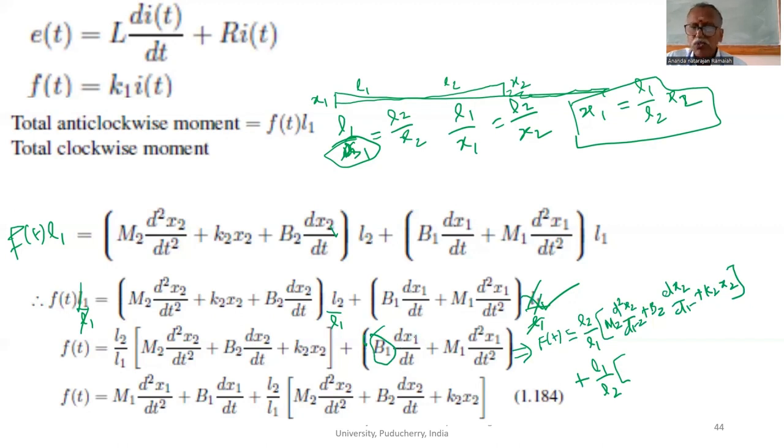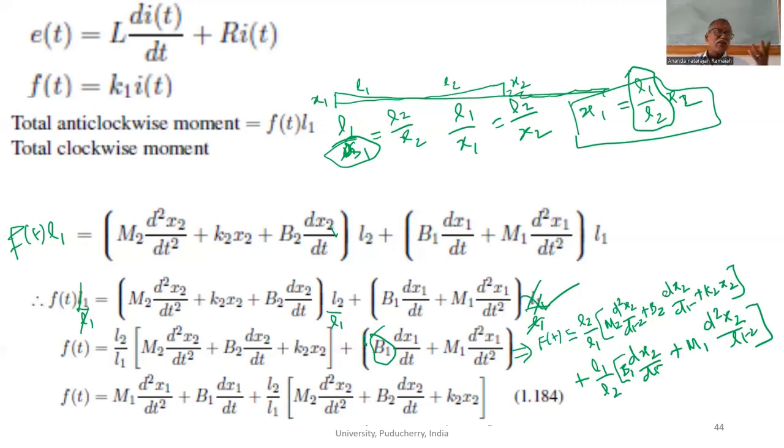We want to write dx2 in terms of x2. Therefore, L1 upon L2, this constant comes out. There is no differentiation for a constant. If we differentiate x2, dx2 upon dt, b1 multiplied by that, plus m1 d square x2 upon dt square. So the entire equation is now in terms of x2.